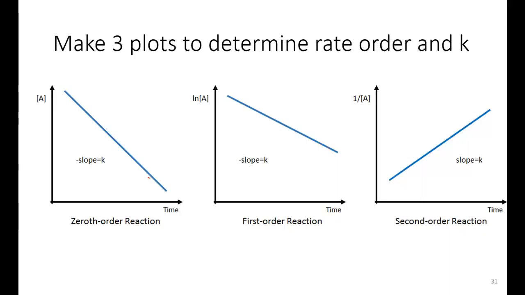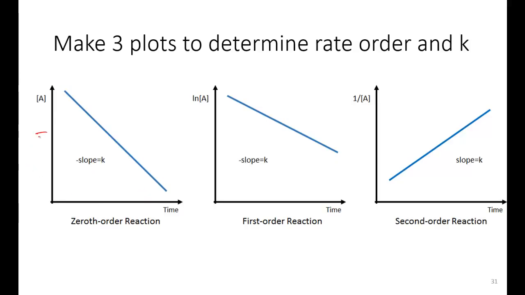So here are the 3 plots. Anytime I'm given the data, I could do this. Now, I have never seen this on the AP exam where you had to do the plotting. What I have always seen is they give you the graph, and they say based on the graphs, what's the order?